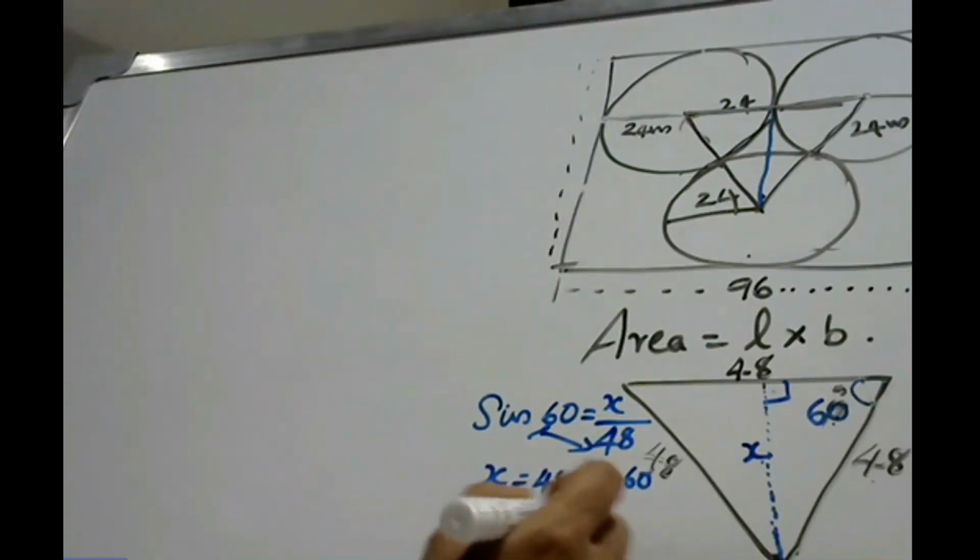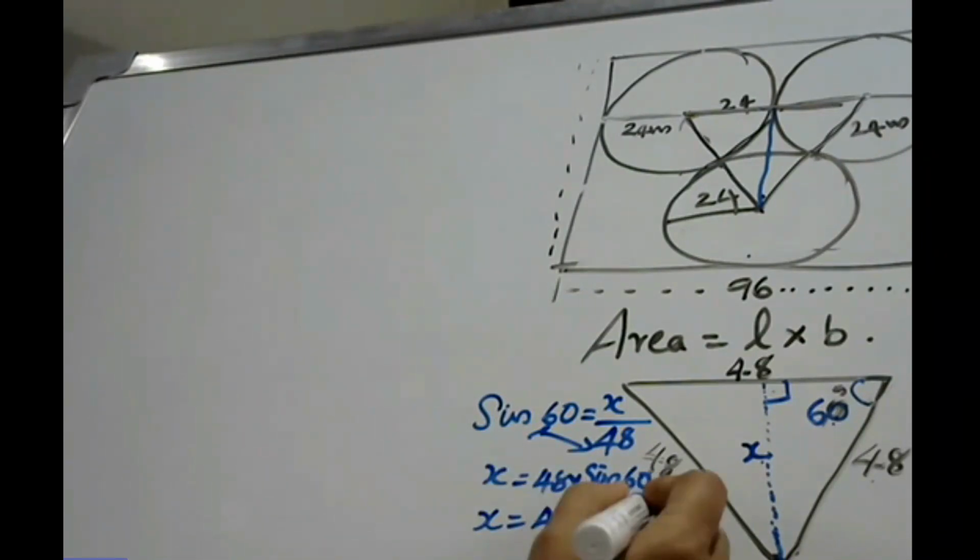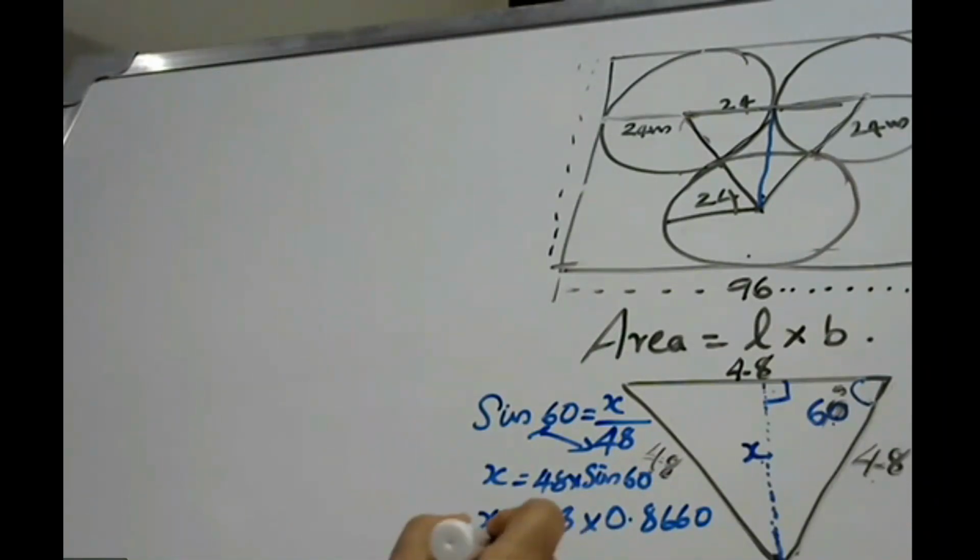The value of sine 60 is 0.8660. So x is equal to 48 times 0.8660, which is 41.568. So you got the value of x.